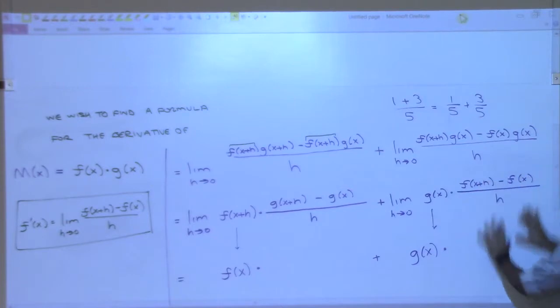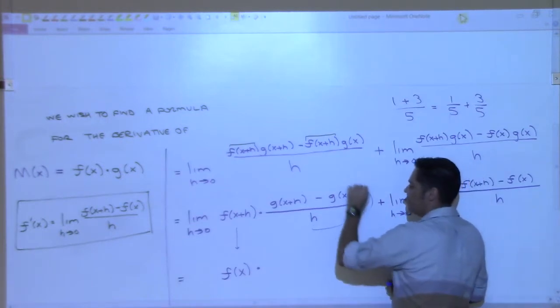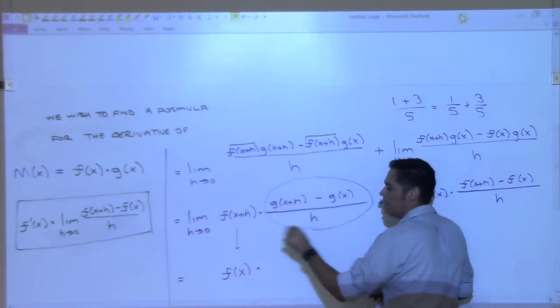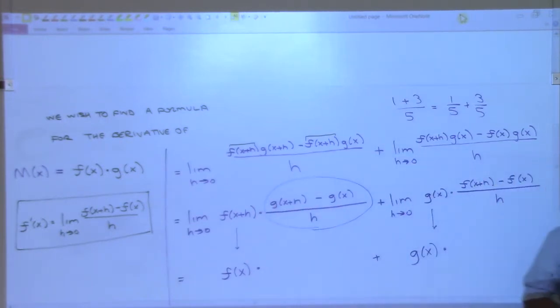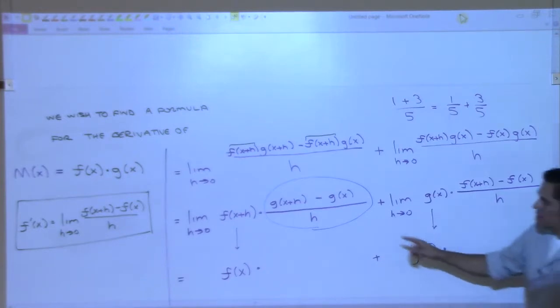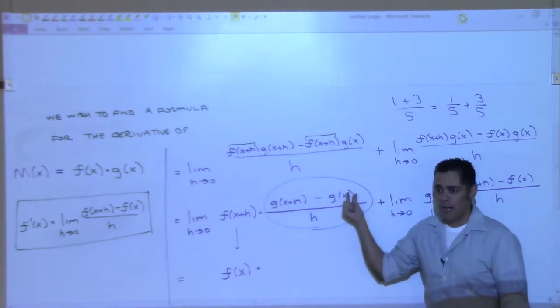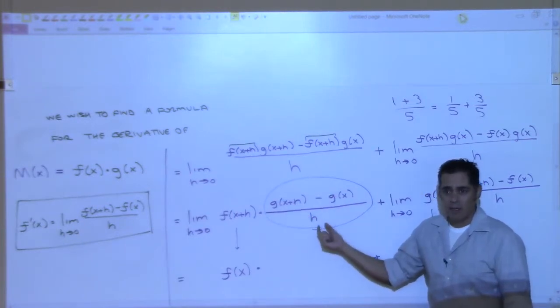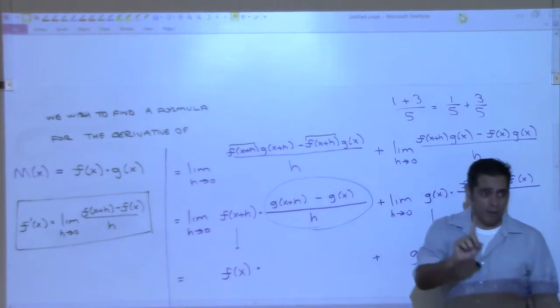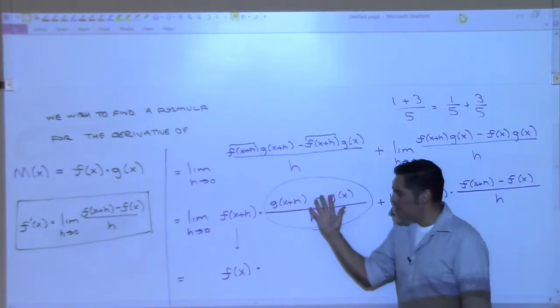Times, and then we have something here. Yes? What does this become if I let h go to 0? You get g of x here, right? Minus g of x over h, which gives you 0 over 0. However, does that look familiar?